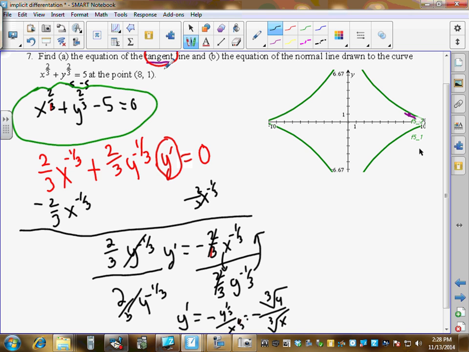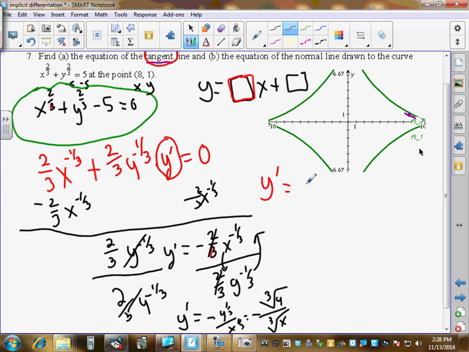Now they want the equation of the tangent line. We want the equation of this line right here. So we're looking for y = mx + b. They tell us the point, so we don't have to go looking for that. We can plug in that value for x, that value for y, and that will tell us the slope of the tangent line.